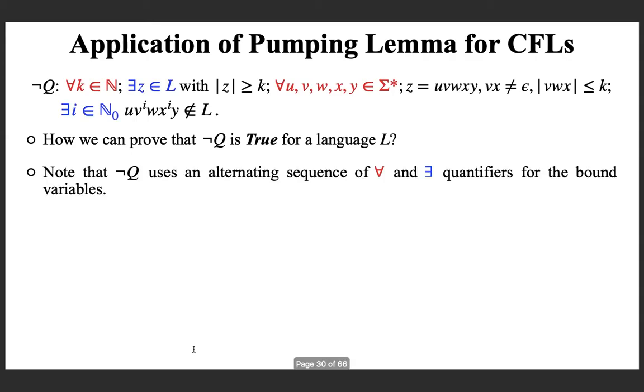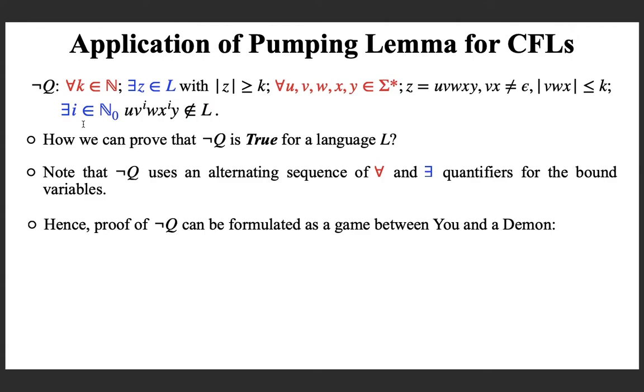Observe that negation Q is an alternating sequence of for all and there exists, for all, there exists, for all, there exists. So as we did for regular languages, here again the proof of negation Q can be formulated as a game between you and your opponent, a demon.